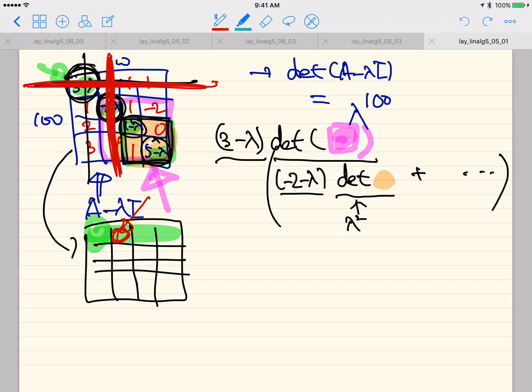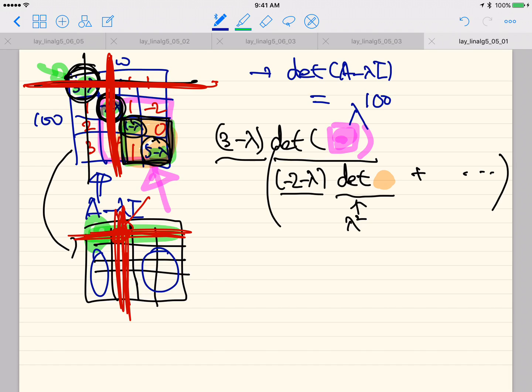We remove this part and this part. So these and these are aggregated together to form a 3x3 matrix, right? After removing the corresponding columns and rows.